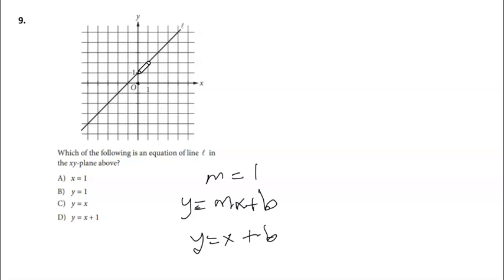One intercept is 0, 1. The other one is minus 1, 0. We can substitute any of them. So I'm going to use this intercept. Remember, the intercept has 2 coordinates: 0, because it hasn't moved on the x-axis, and then 1, because it rose 1 on the y-axis. So 0 and then 1.